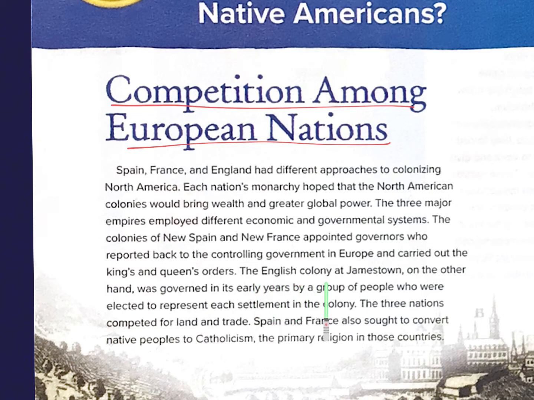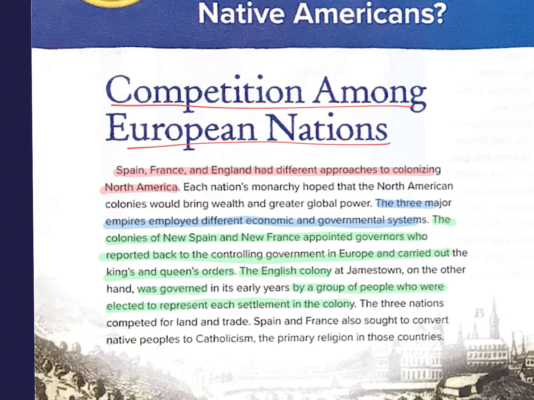The English colony at Jamestown, on the other hand, was governed in its early years by a group of people who were elected to represent each settlement in the colony. The three nations competed for land and trade. Spain and France also sought to convert native peoples to Catholicism, the primary religion in those countries.